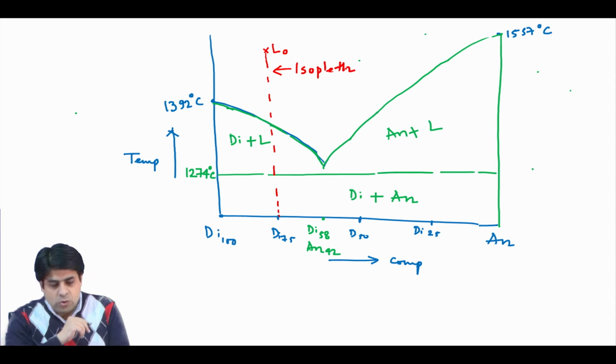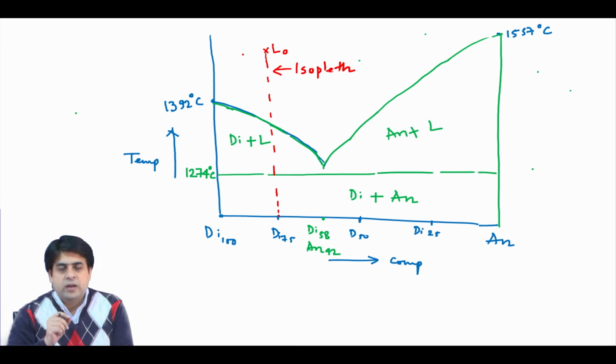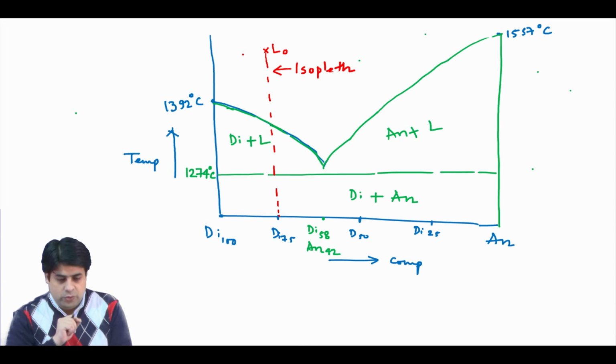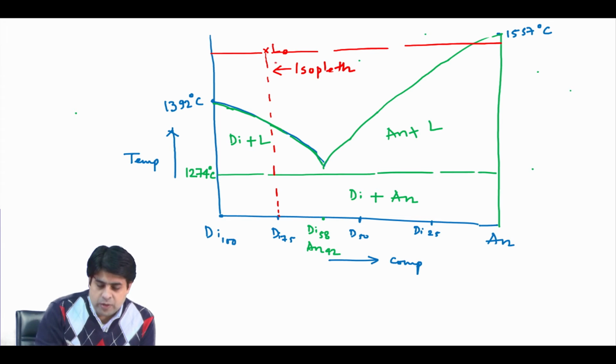First we will try to understand the composition of L0. For that, you should draw one horizontal line, and in this horizontal line, this part is your x diopside and this part is your x anorthite.